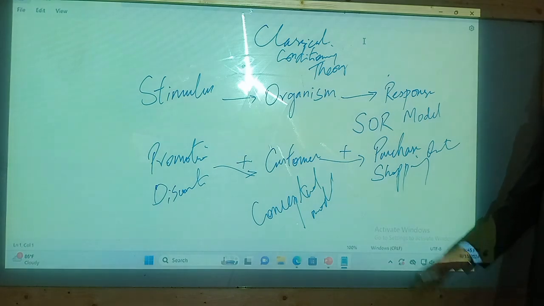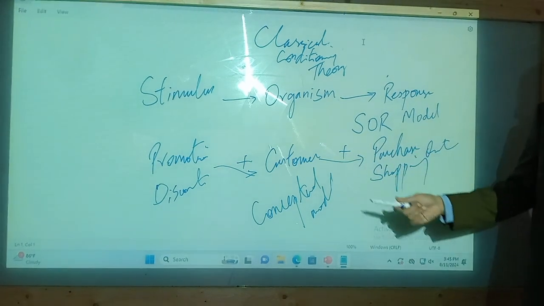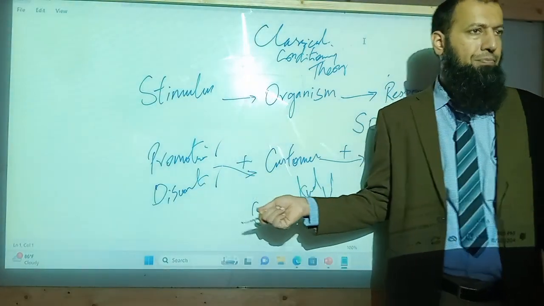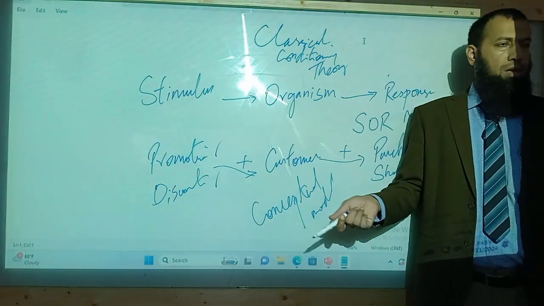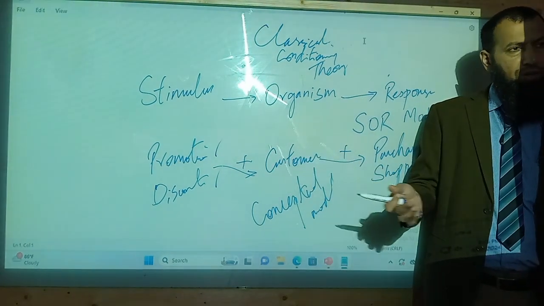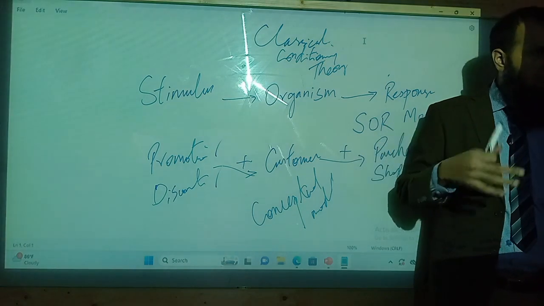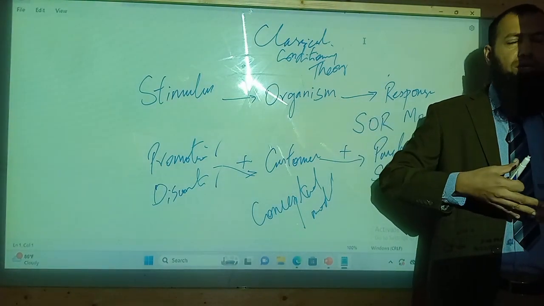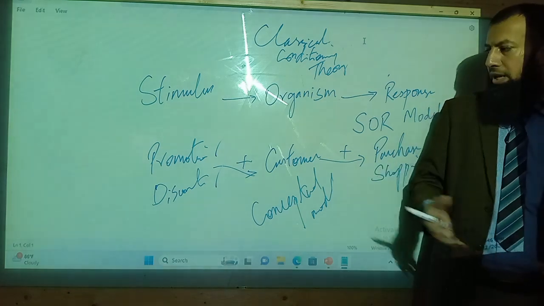So you can always use different variables. These variables come from the literature, because you are not the first one working on this concept: how the customer purchases, how customer purchase behavior is generated.